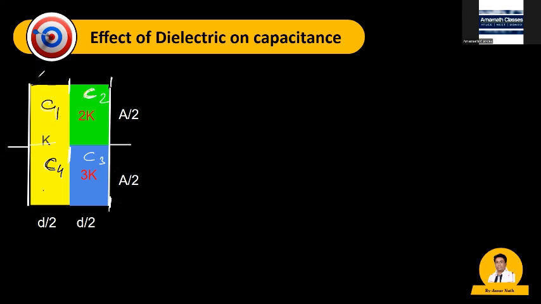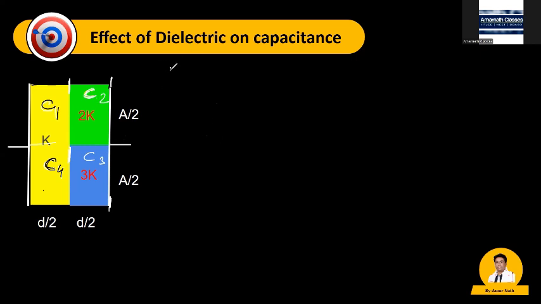So the potential drop will be different, as here the slab is K to 2K, but here the slab is K to 3K. So the drop will be different at different positions. So what we need to do is treat C1 and C2 as in series, C4 and C3 as in series, then the combination of C1 and C2 and the combination of C4 and C3 are in parallel, okay? That way we have to do.